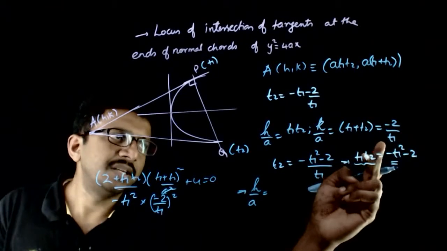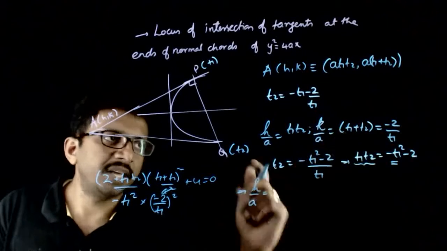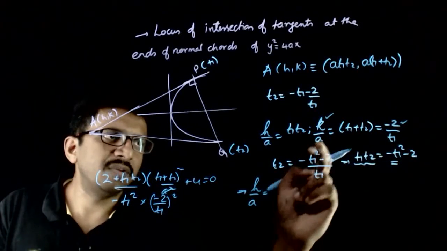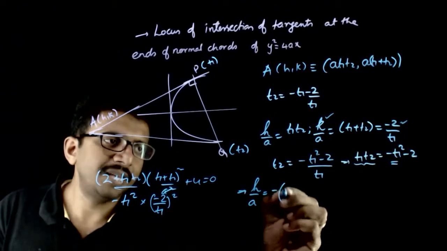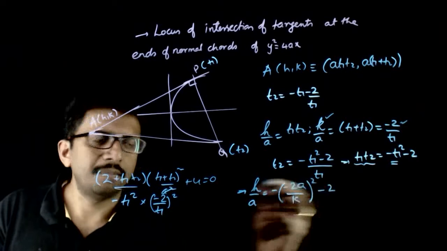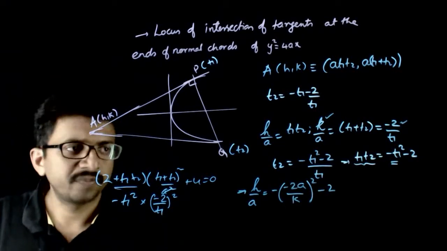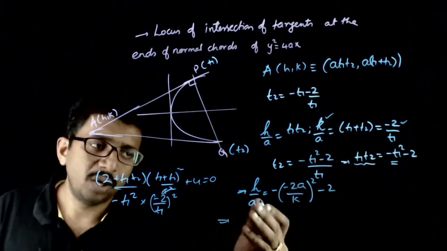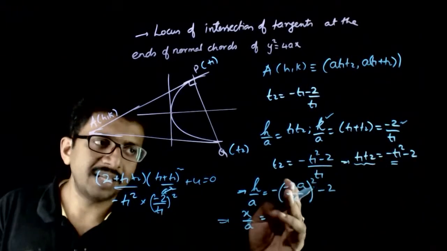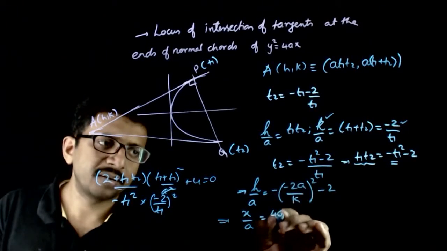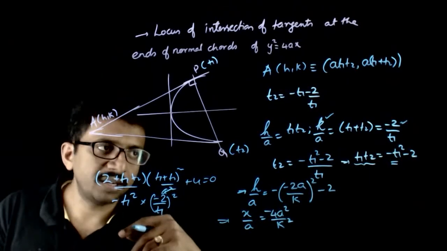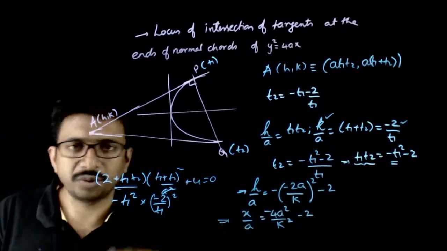You can see that K by A is equal to minus 2 by T1, so T1 is equal to minus 2A by K. So H by A is equal to minus of (minus 2A by K) whole square, minus 2. So the locus is X by A is equal to minus 4A square by K square minus 2.